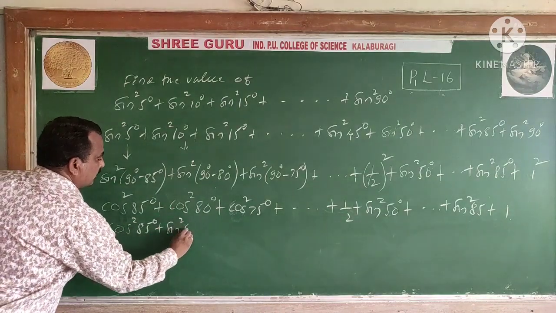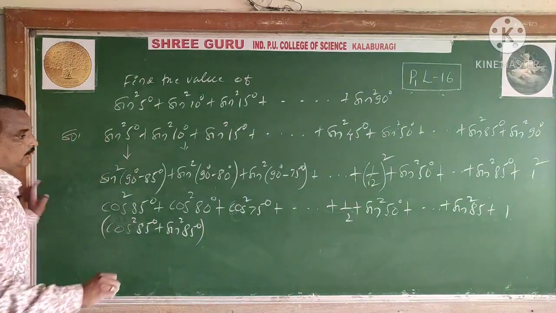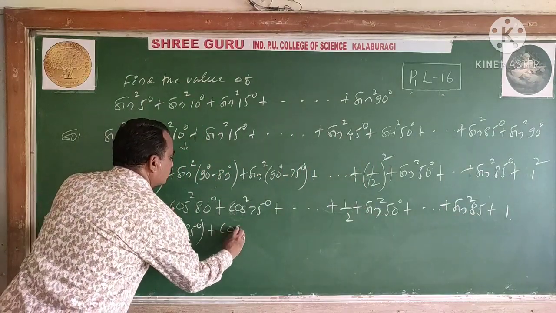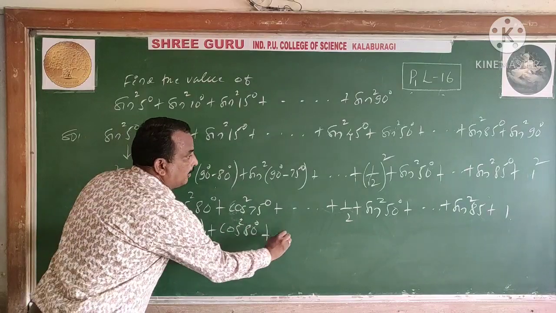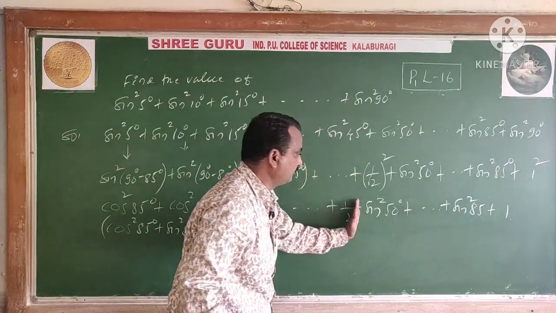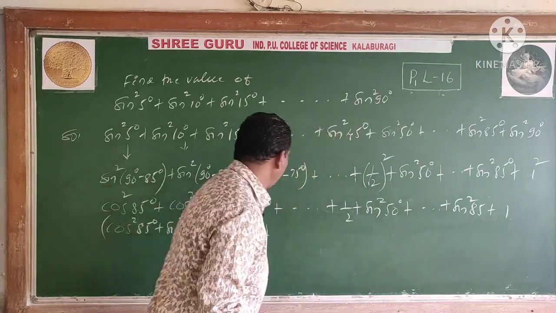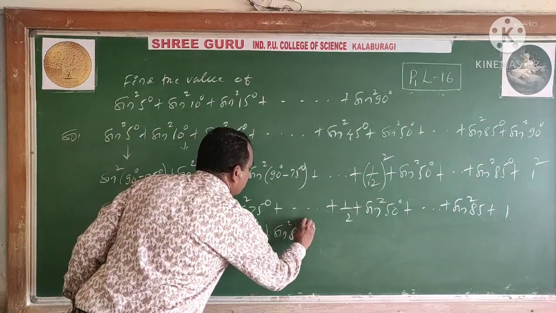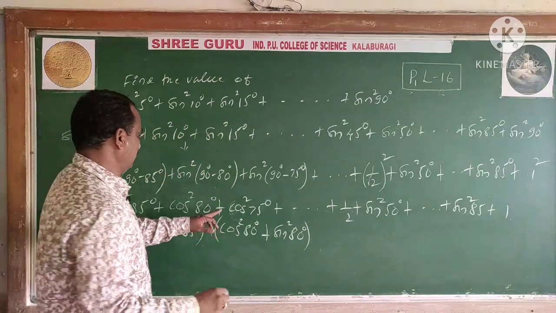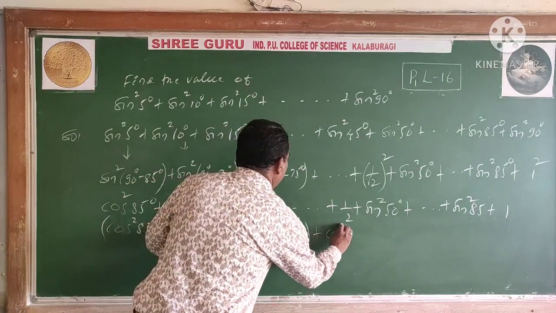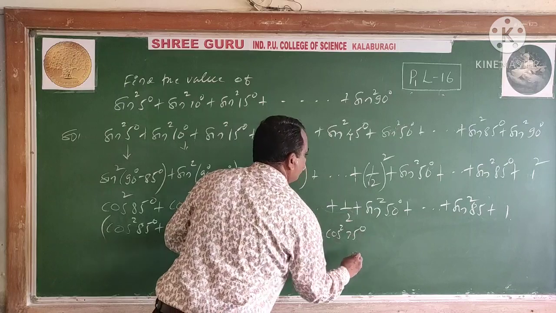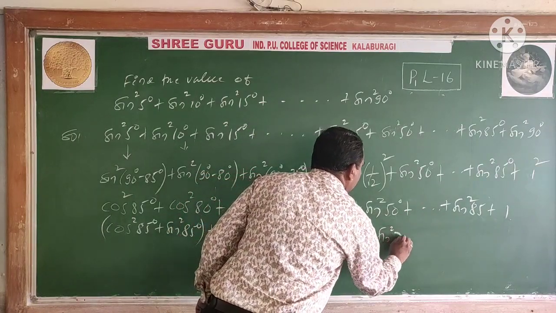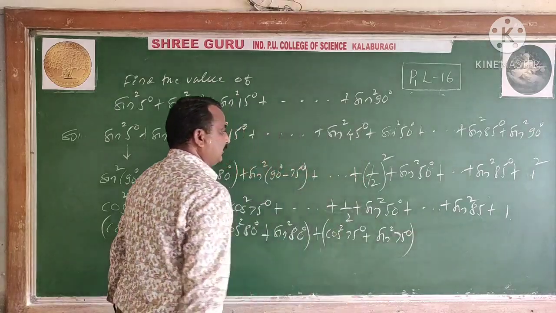We have the terms cos square 85 plus sin square 85, and cos square 80 plus sin square 80. After this 45, you have the terms of sin only. Same type, similar type of example today. Next, plus cos square of 75 and sin square of 75. Like that, making the terms.